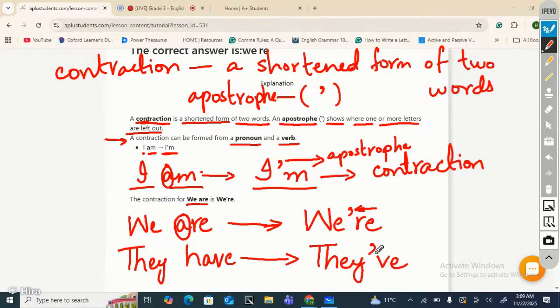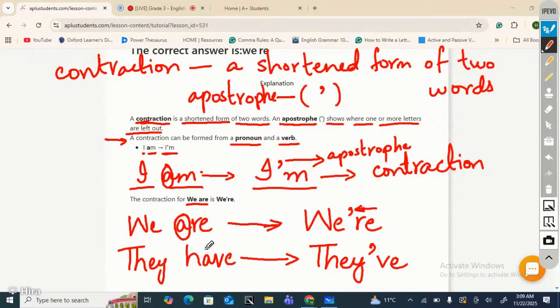Now, how did we form it? Let's discuss. I told you contraction shows where one or more letters are left out. Not just one or more. More means they can be two or three even.